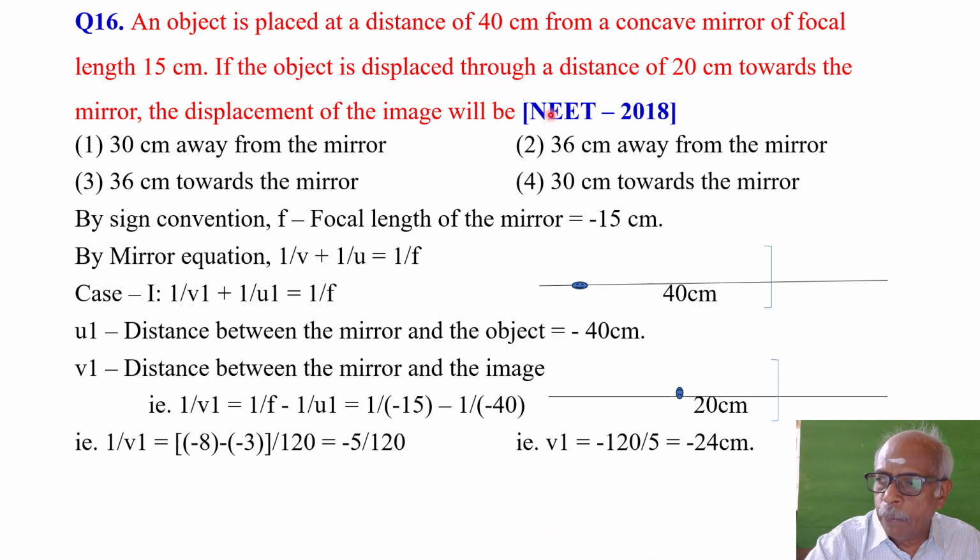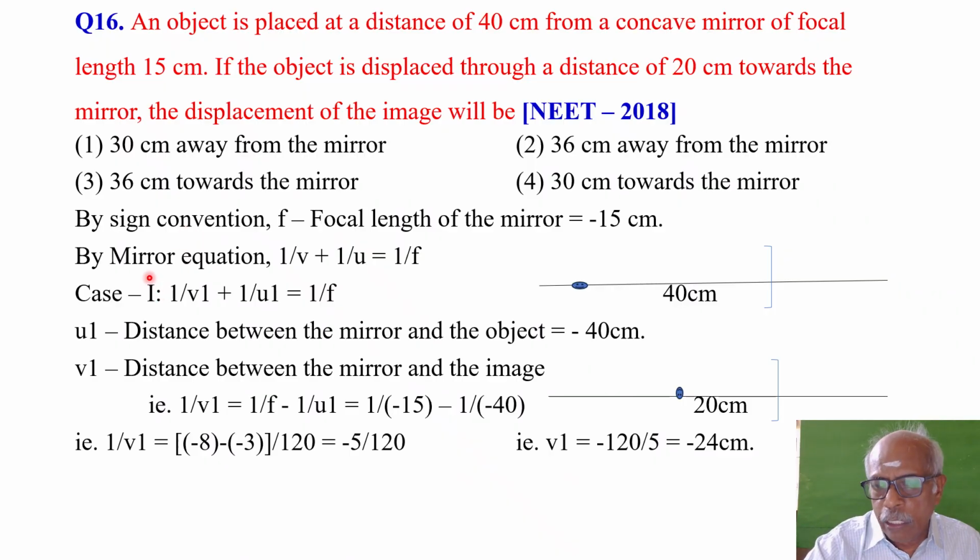This question has been asked in the NEET examination in the year 2018. By sign convention, for convex lenses, concave mirror, convex mirror, you are having Cartesian coordinate system sign convention. So f is the focal length of the mirror. As it is a concave mirror, this is minus 15 centimeter by sign convention.